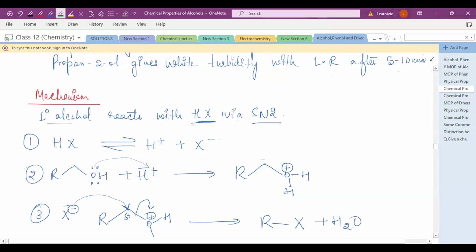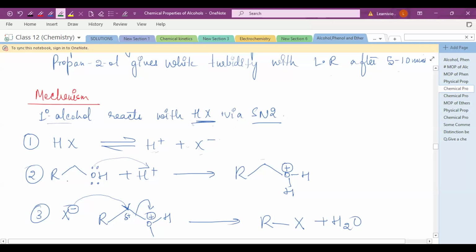So first this HX is there, a halogen acid, or hydrogen halide, you can say. When it dissociates, it will form H plus and X minus, because X is the most electronegative, so it will acquire partial negative charge, and this hydrogen will acquire positive charge.